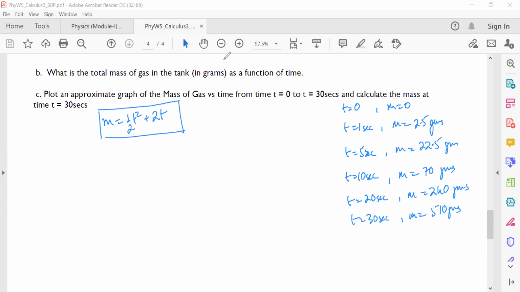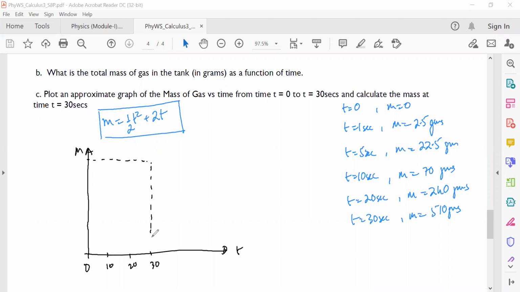So when we plot the graph, we can take these as guidelines. For example, if this is 10 seconds, this is 20 seconds, this is 30 seconds. You can see it's a very disproportionately curving kind of shape. If this is 510, then 240 would be somewhere here.